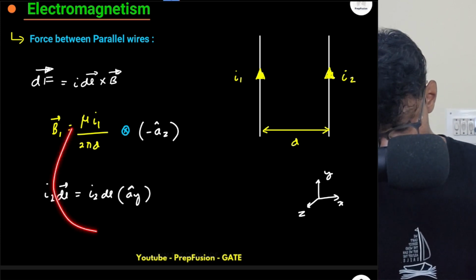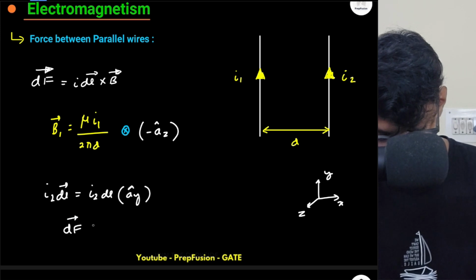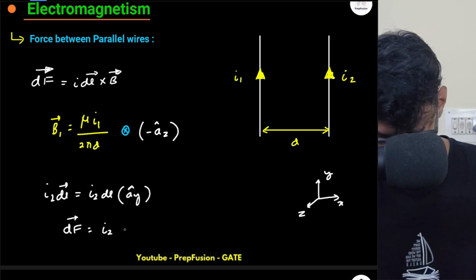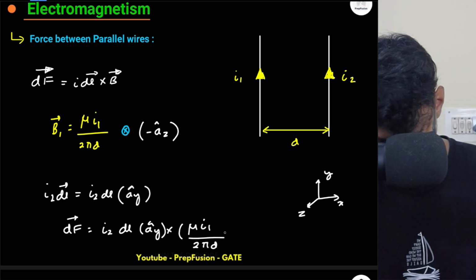So I will replace all these things over here. What will be my small force dF? dF will be I2 dL ay cross mu I1 by 2 pi d into minus az.